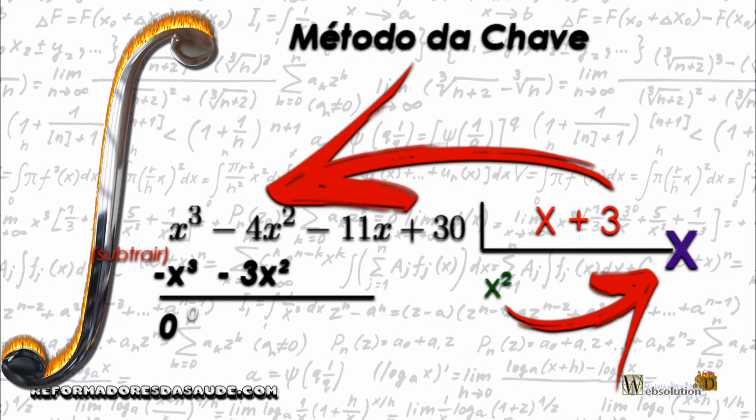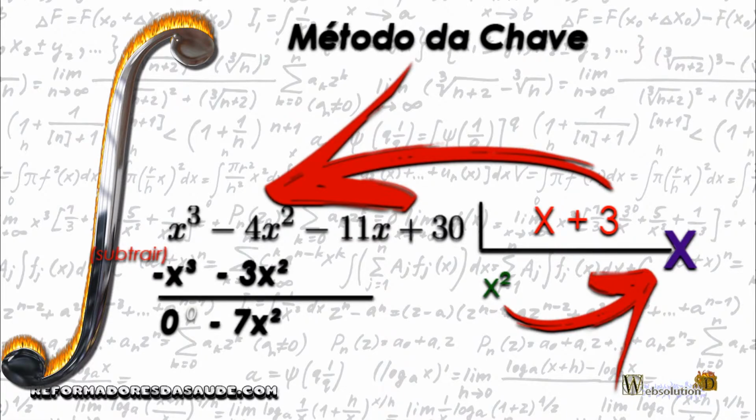In the case of x squared times 3 equals 3x squared, but here, by subtracting, plus with minus, it becomes minus 3x squared. Minus 4x squared minus 3x squared equals minus 7x squared. Doing the subtraction, we arrive at this result.